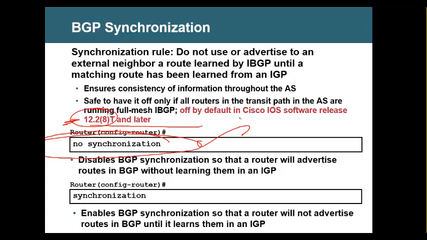So why should the routes of BGP need to be seen in IGP? Useless rule.